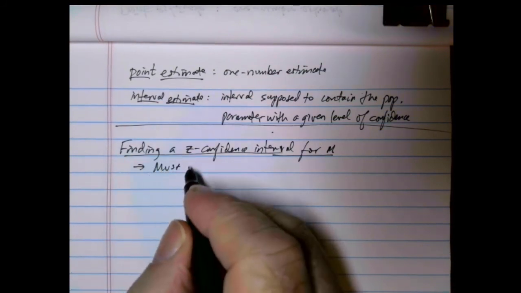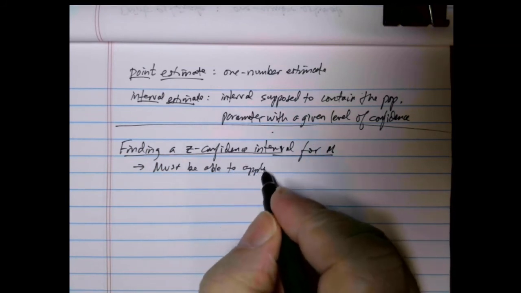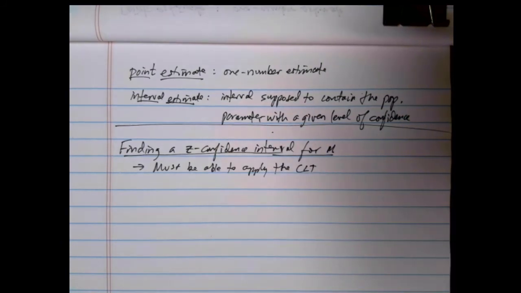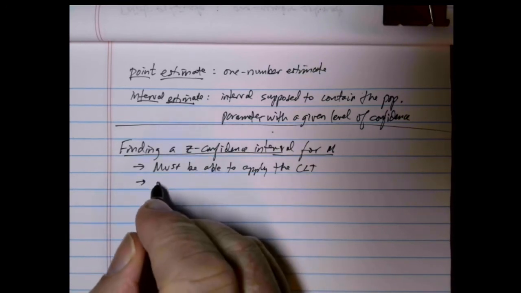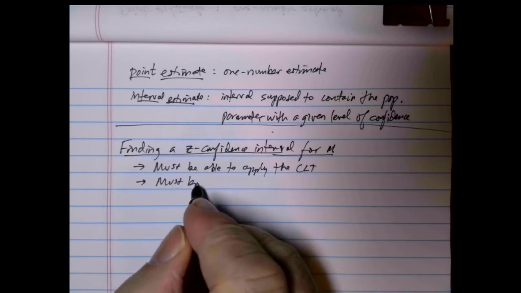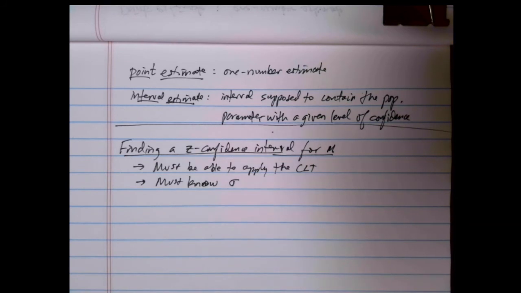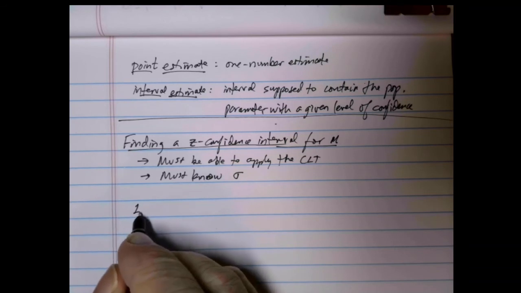You must be able to apply the CLT. That is to say, either you have to know that the population is approximately normally distributed, or you have to have been given a large enough sample size to apply the CLT. And secondly, because this is a Z confidence interval, you must know the population standard deviation sigma.